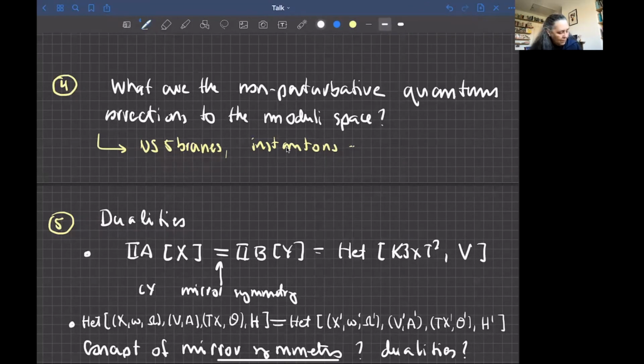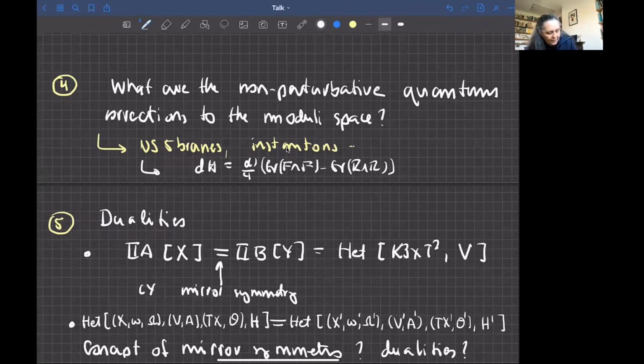For example, if you have a configuration of 5-branes, then what that means mathematically, at least in part, is that the Bianchi identity, the anomaly cancellation condition that we saw earlier, gets an extra term that has to do with a class that appears in how the brane wraps submanifolds of the manifold X. So how does one understand this, and how is this changing the structure that we have just discussed?